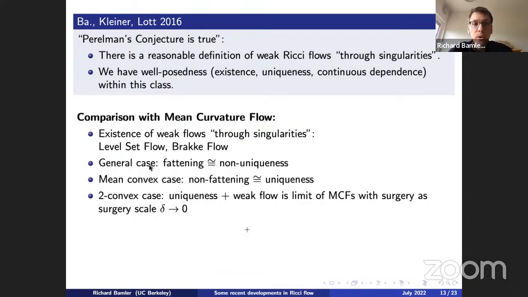So let me now go back to Ricci flow. First of all, I should mention that these two types of flows cannot be defined for Ricci flow because they really leverage the fact that these flows are embedded in an ambient space, and that's not the case for Ricci flow. However, we can get some inspiration from the fourth item here, and construct some kind of singular Ricci flow by approximating it by Ricci flows with surgery.